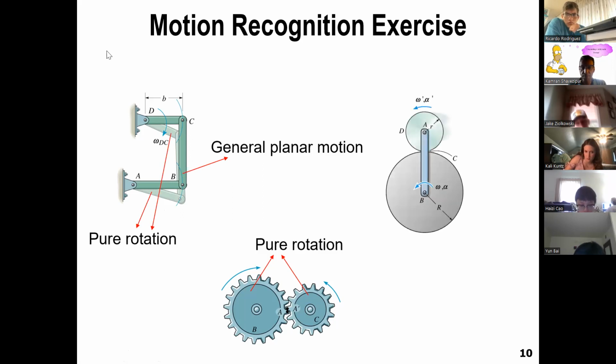The last example, you have point B fixed. You have a disk rotating here, a link connecting the center of the two disks. So B has rotation about a fixed point. The arm AB also rotates about a fixed point, but this disk D, the green disk, rotates and translates, kind of goes around that.